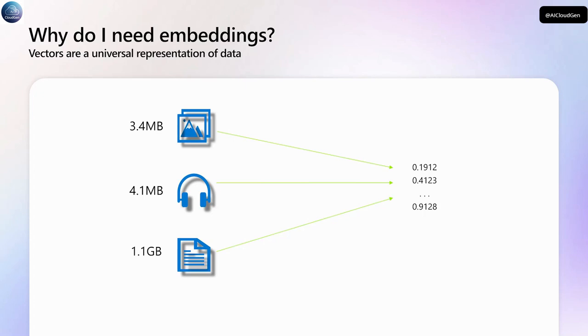Whether you have massive text documents, images, audios, or video clips, all those things can be represented in vectors. And you can construct these vectors in a way that you can directly compare them with each other regardless of the format. So I can compare an audio file and a video file with the help of vector representation, because at the end of the day, behind the scenes, they are basically numbers.